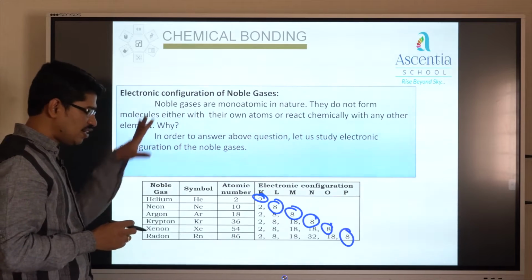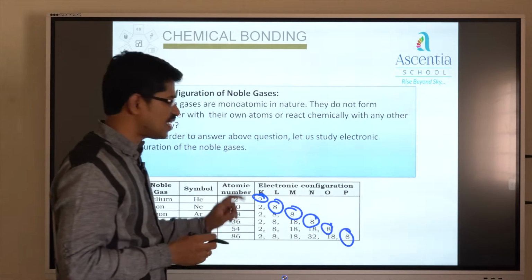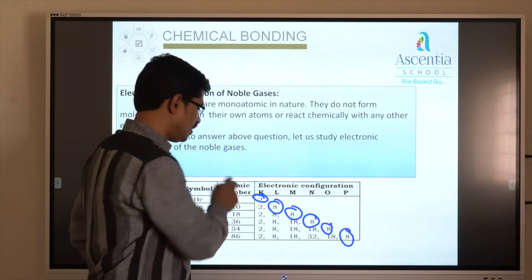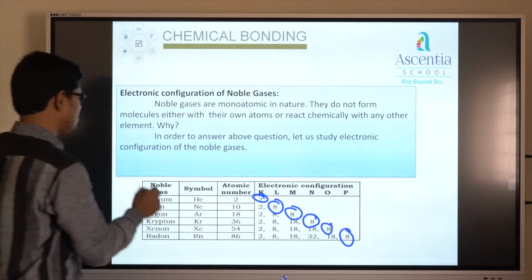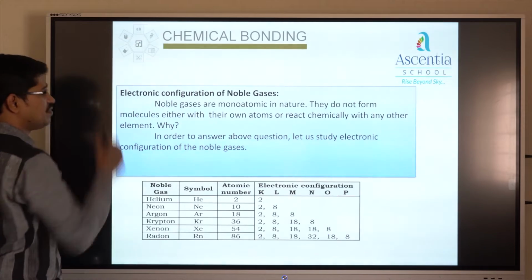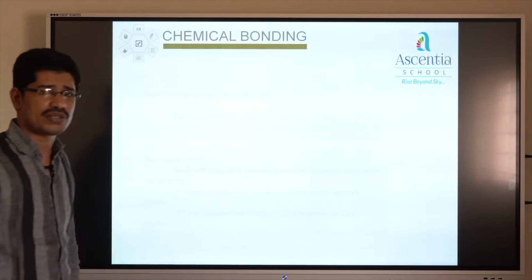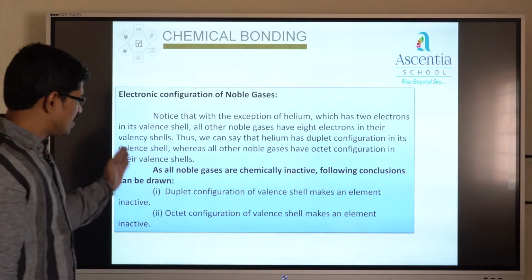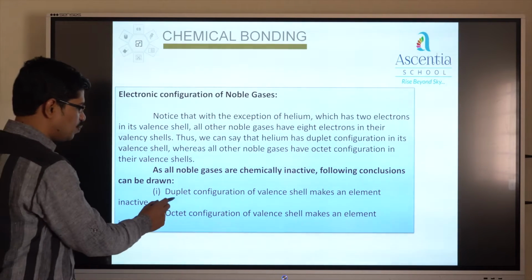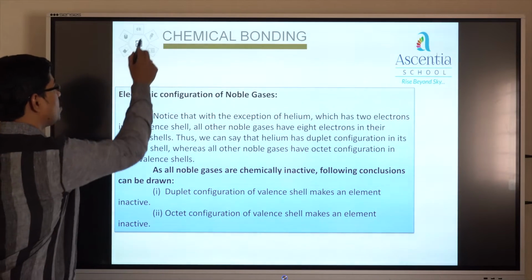Observing all these noble gases, we can say that the elements which have 8 electrons in the outermost configuration, if you don't consider helium, because helium is different. Helium is also an inert gas, but it is the only case where it has 2 electrons in the outermost state. That is called the duplet configuration, and 8 electrons in the outermost state is called the octet configuration.